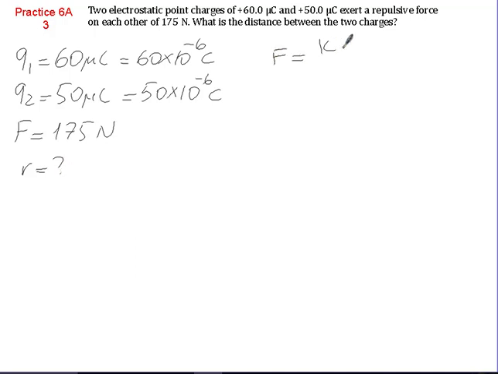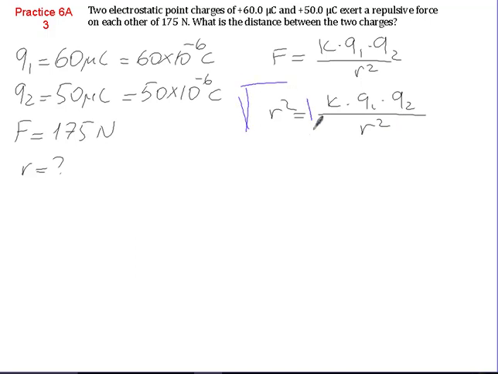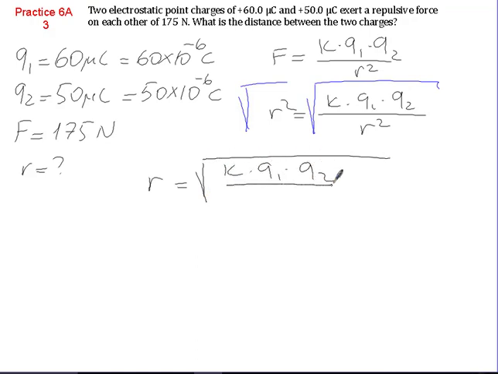Electric force is equal to k multiplied by Q1 multiplied by Q2 over r squared. Then when we cross multiply, r squared is equal to k multiplied by Q1 multiplied by Q2 over F. If I take the root of each side, then r is equal to the root of k multiplied by Q1 multiplied by Q2 over F. Let's put in their values.